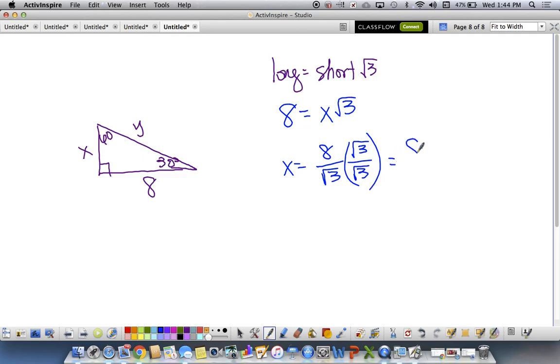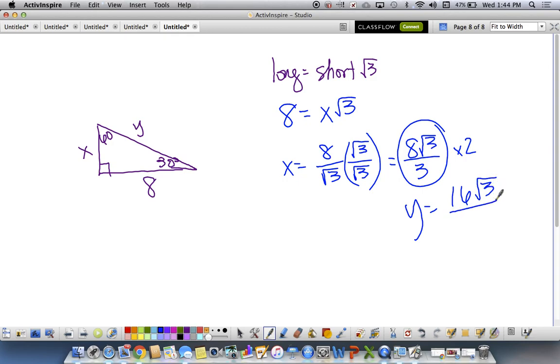Rationalizing. Did you get 8 root 3 over 3? Yes. Can you simplify that? Do I want a repeating decimal? Do not. That is x. How do you multiply it times 2 to get to y? 16 root 3 divided by 3. Let's go. Those are our 2.